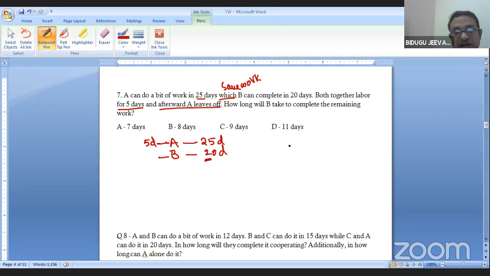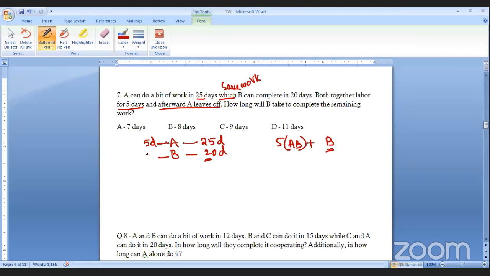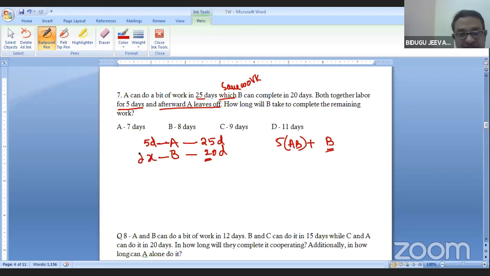They started work and worked for 5 days. Then A left. Only B is there in the picture. So B is working from beginning to end. Let us take X because we do not know the number of working days taken to complete the work. Is it clear, all of you? It is just like the previous question. Working days and capacity, the third model I mentioned. Now, is it clear how long B took to complete the remaining work?